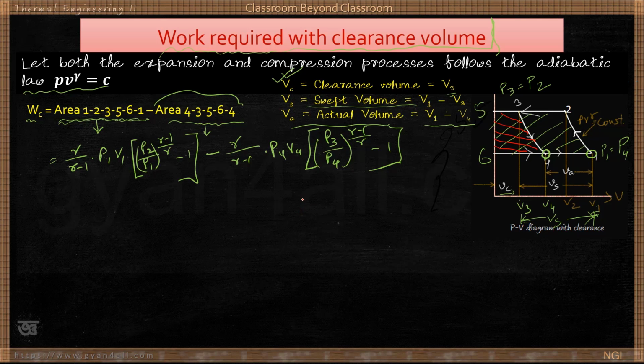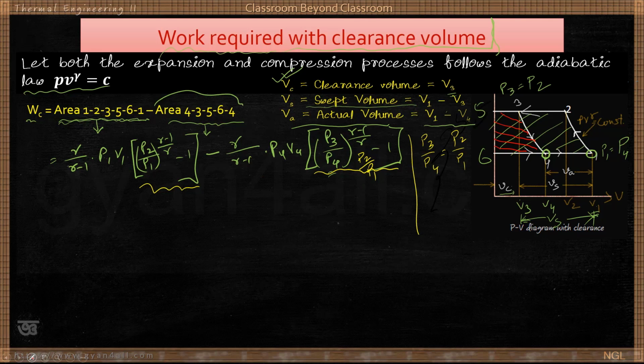So we can write P3 divided by P4. What is this? P3 divided by P4 will be how much? P3 divided by P4 is actually equal to P2 divided by P1.